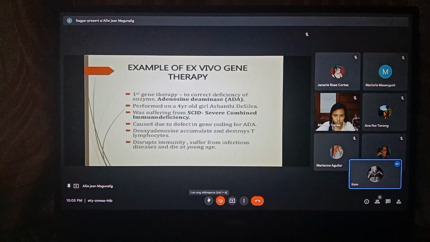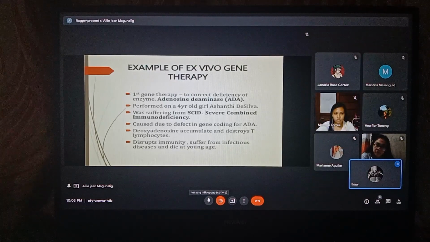She was suffering from SCID, which is severe combined immunodeficiency. It's caused by a defect in the gene coding for ADA, adenosine deaminase. Deoxy metabolites accumulate and destroy T lymphocytes, disrupting immunity, so patients suffer from infectious disease and die at a young age.